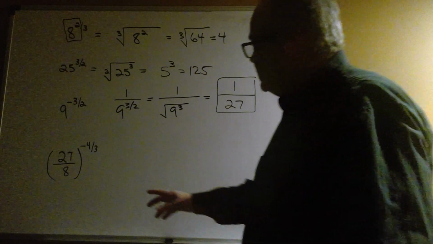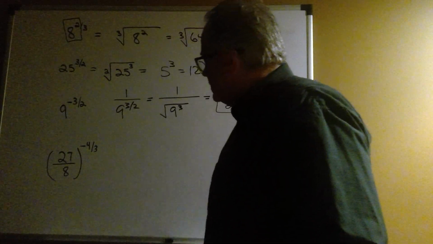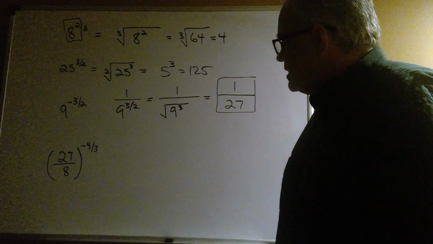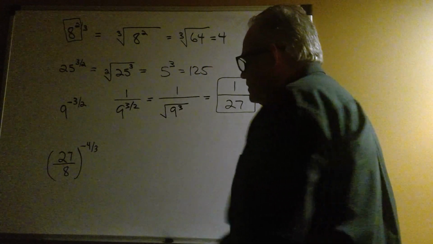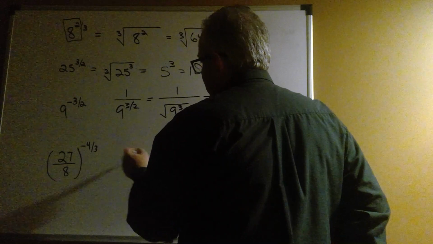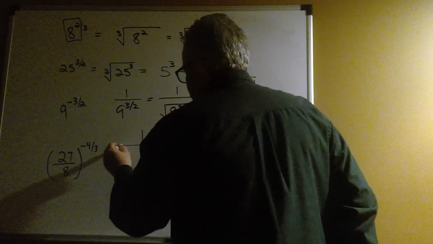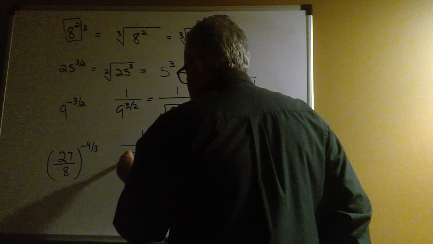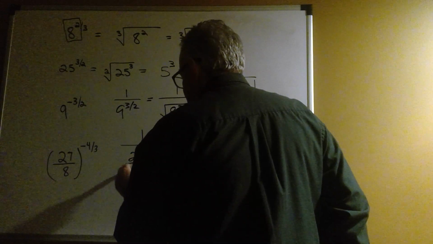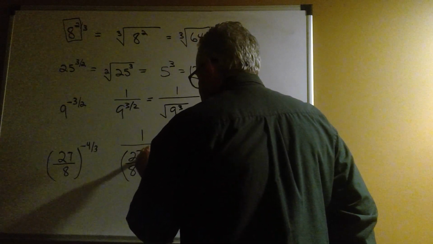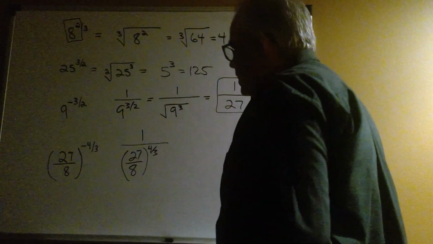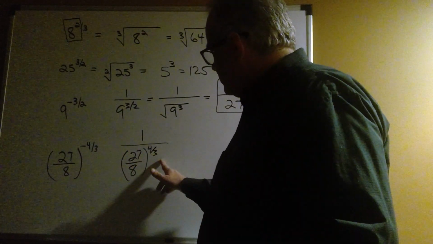Okay, and then finally we have this. So this is basically the same thing, I think. And let's try. This is negative here. So I'm going to put this as 1 over, and then I've got 27 over 8. And now that's going to be the 4th root over 3, rewriting it as a positive exponent.